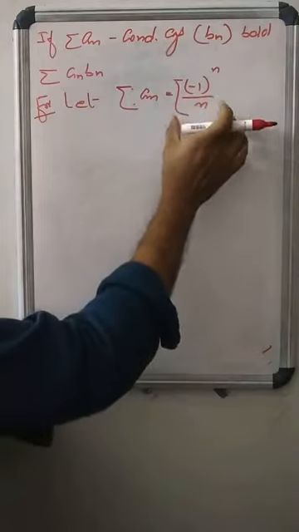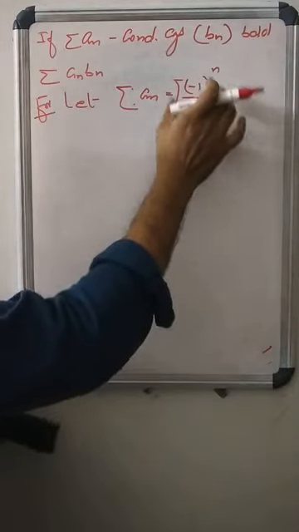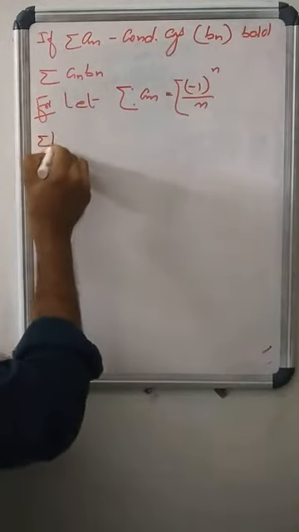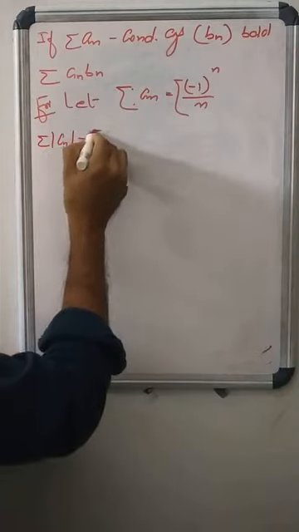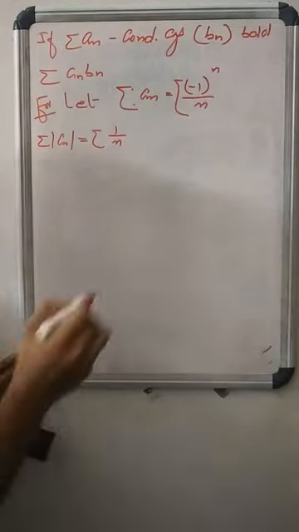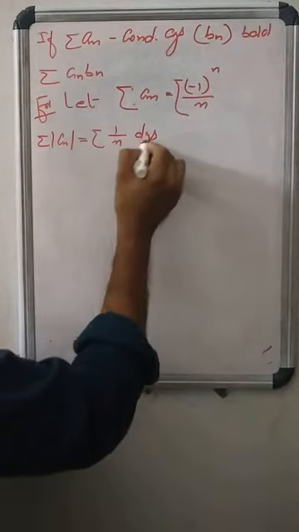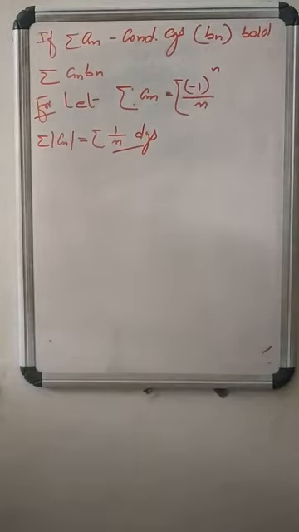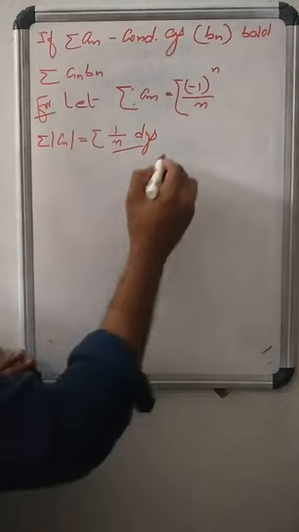Surely it is conditionally convergent. Why? Because what is sigma mod an here? Sigma modulus of minus 1 power n by n means sigma 1 by n, and sigma 1 by n diverges. So sigma an is a conditionally convergent series.